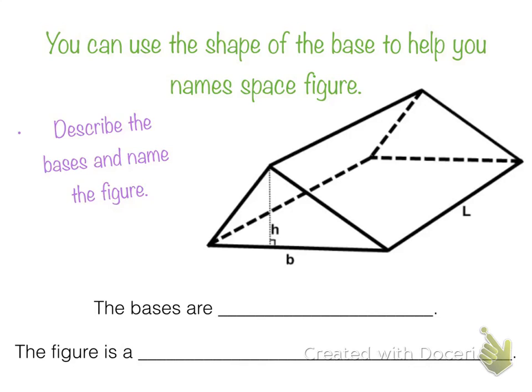So the bases on this figure are actually triangles. So if you look right here, actually let me highlight, it's easier to see. Here is a base, and then down here is its congruent matching base. But both of these bases are triangles. So we're going to fill that in as triangles.